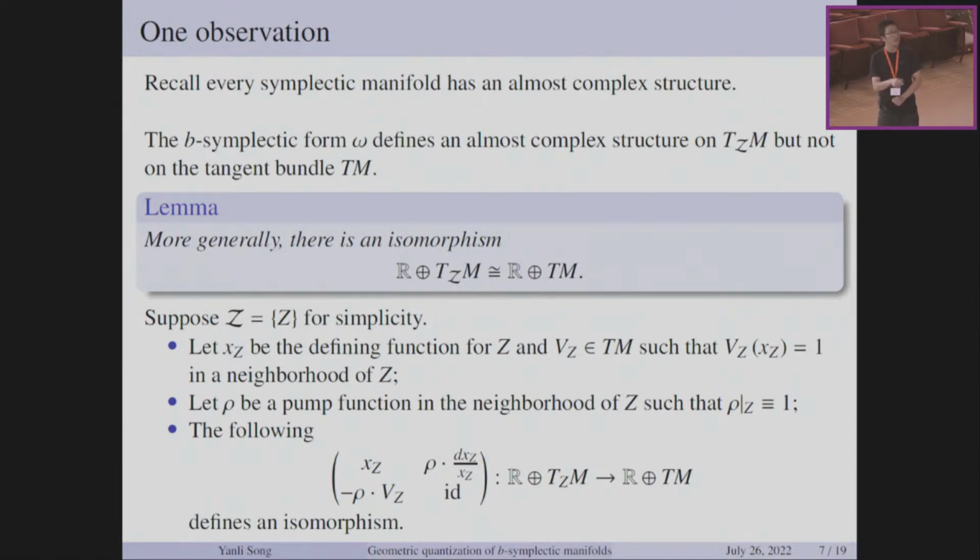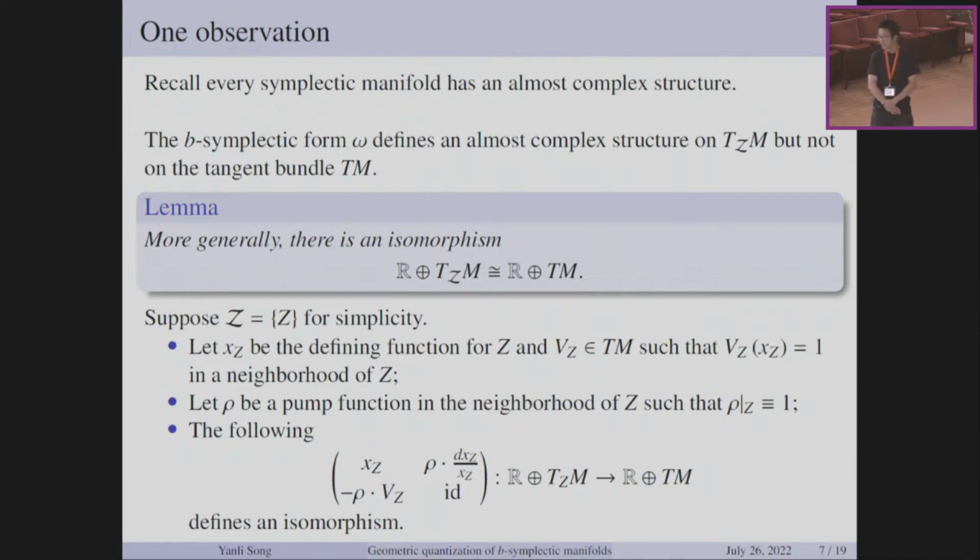So here's a simple proof. In the simplest case, if the divisor is given by one hypersurface Z, then x_Z is a defining function for this hypersurface. We can take v_Z to be a vector field such that v_Z(x_Z) equals 1.